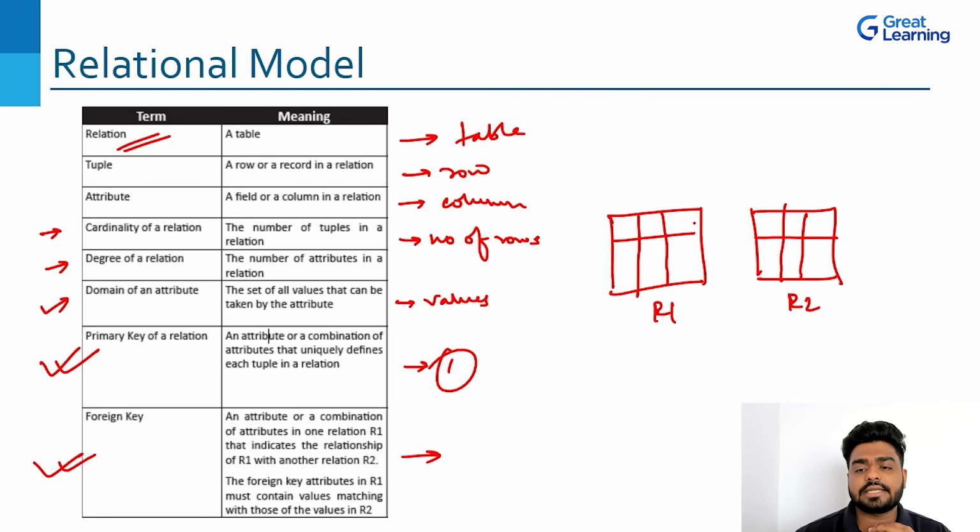Now let's say that here we have the ID, here we have name, and here we have subject ID. And in this particular relational table, we have the ID, we have the subject name, and we have the subject faculty, okay?